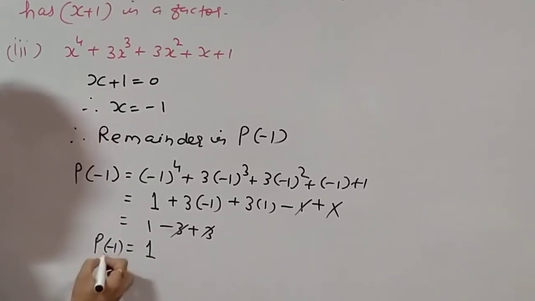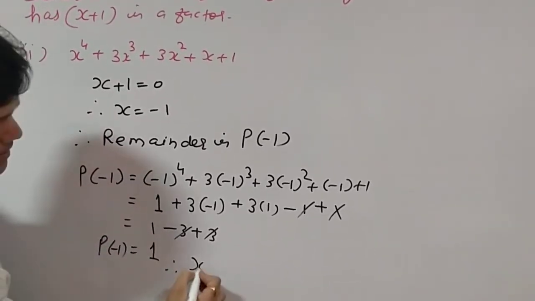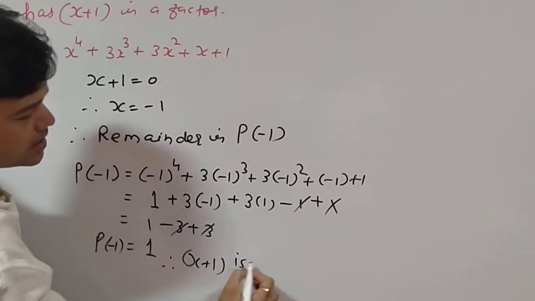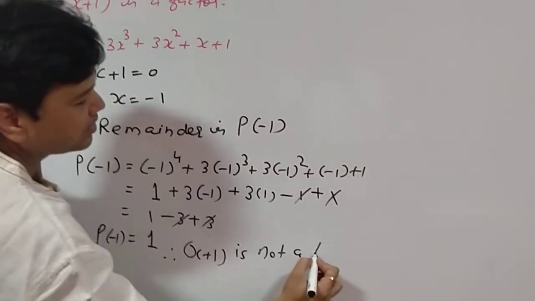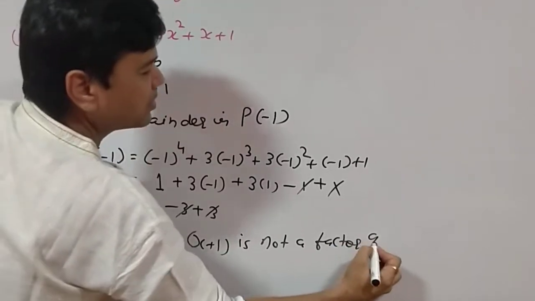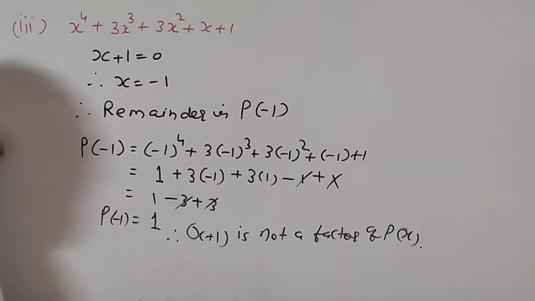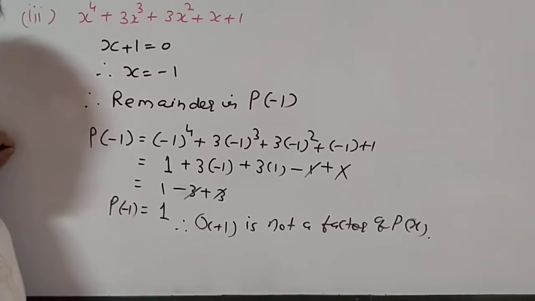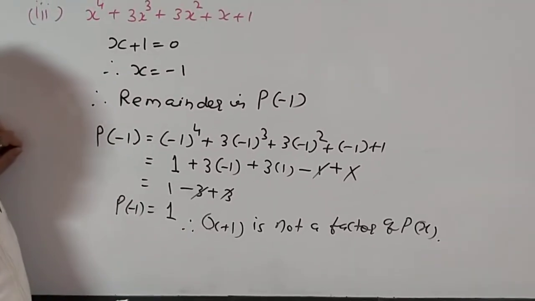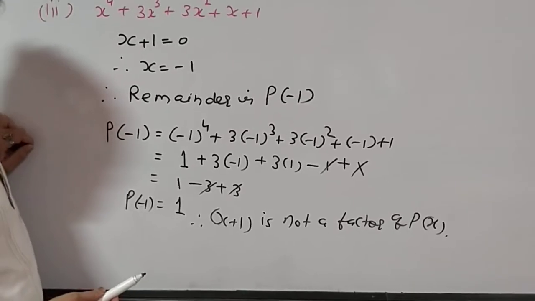Remainder is 1. Therefore, x plus 1 is not a factor of px. So see, the answer is 1. Therefore, x plus 1 is not a factor of px. If the answer is 0, then it is a factor. Answer is 1, then it is not a factor.